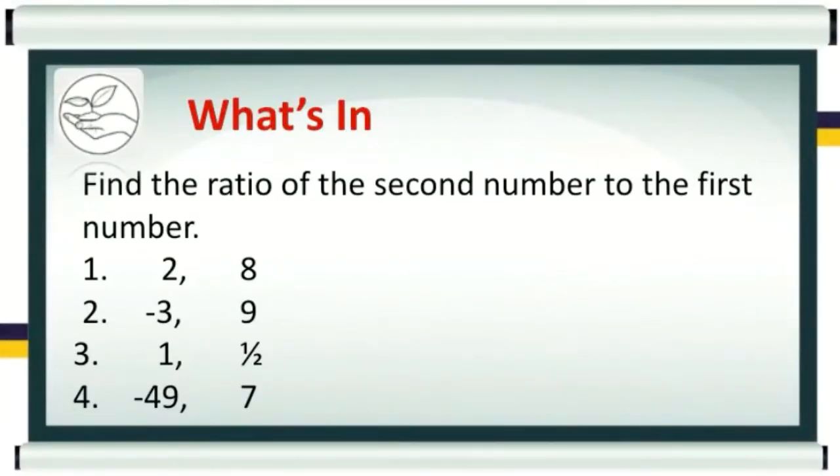So in your place there, I want you to have your pen and paper. You need to find the ratio of the four numbers given or indicated on your screen. I will just give you 2 minutes to answer your activity. Okay, so your time starts now.